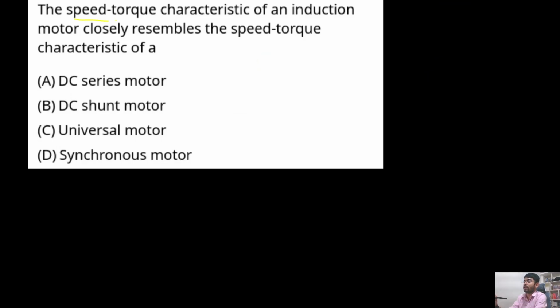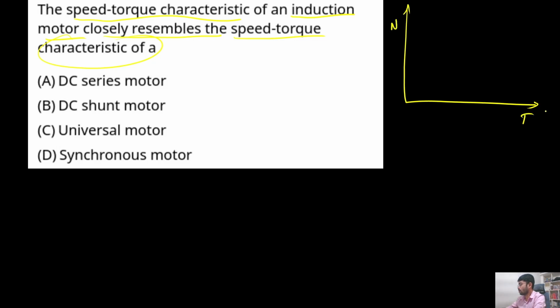So let's go to the next question. The speed torque characteristics of an induction motor closely resemble the speed torque characteristics of a series motor, shunt motor, universal motor, or synchronous motor. Whenever you take speed versus torque, or you can say armature current, as the torque or the armature current increases, the speed will decrease.